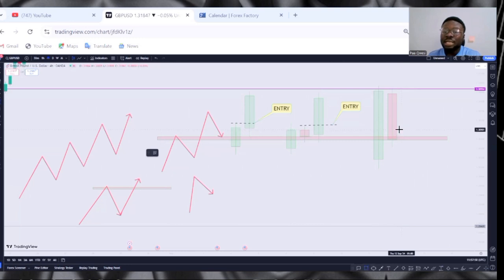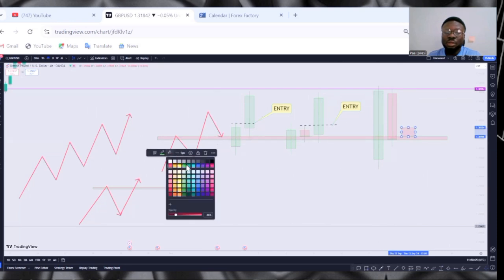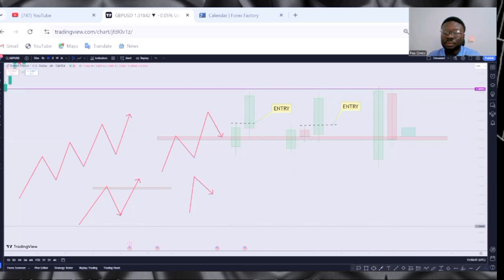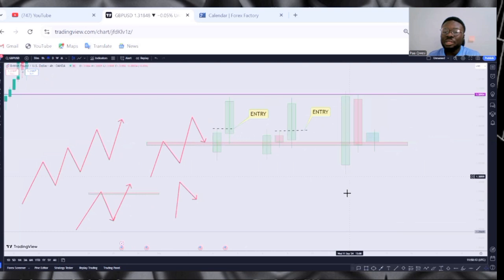If I see a small bullish candle, my entry is going to be when it breaks the previous candle tip.